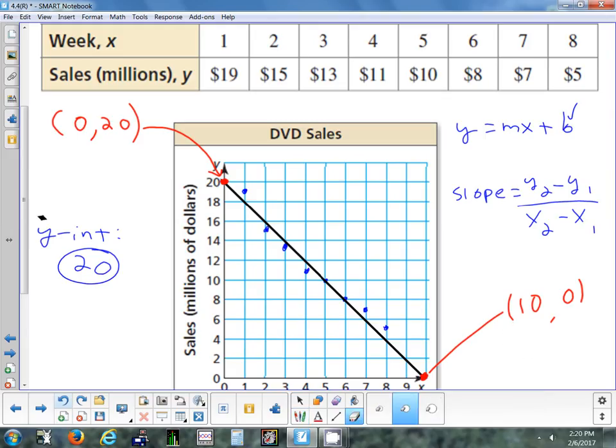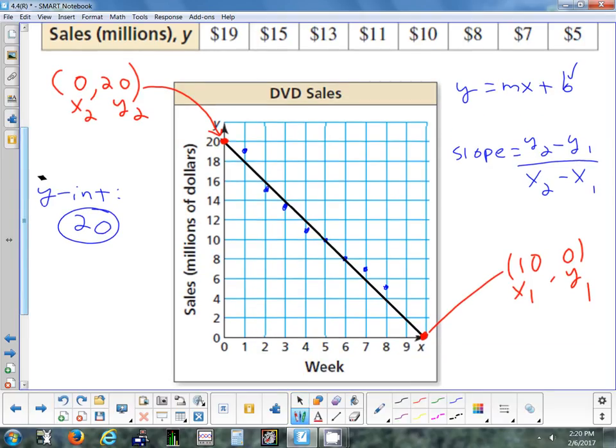Just because I'm closer to it, I'm going to call this one x1, y1, and that's x2, y2. Now I can use those 2 coordinates, and it's going to help me get my slope. I'm going to fill into that formula.